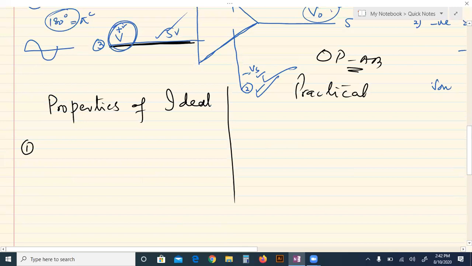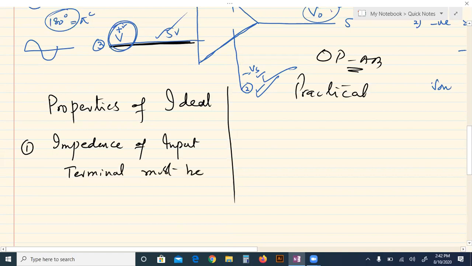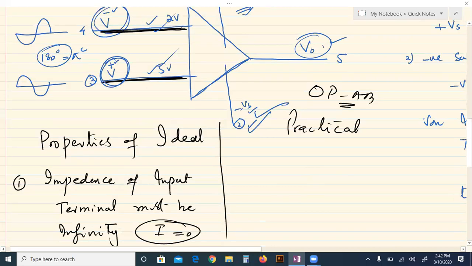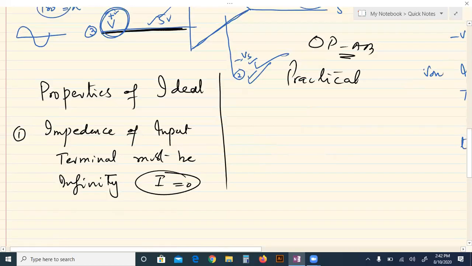But resistance in electronics is called impedance. So the impedance of the input terminal must be infinity because we don't require any current. To stop the current entering the op-amp, the impedance of these two terminals must be infinity.